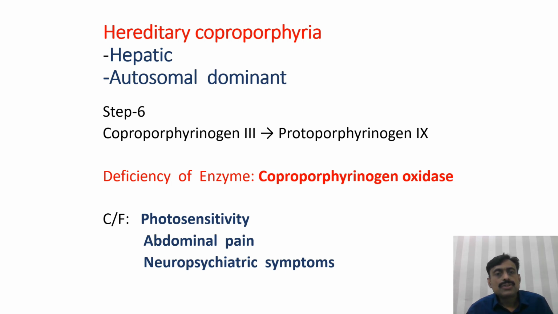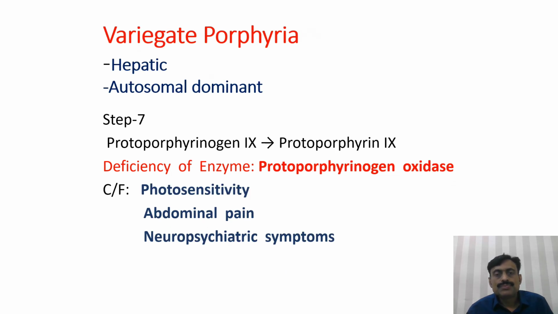Coproporphyrinogen 3 is converted into protoporphyrinogen 9, and the enzyme required for this reaction is coproporphyrinogen oxidase. If this enzyme is deficient, that leads to hereditary coproporphyria. The clinical features are photosensitivity, abdominal pain, and neuropsychiatric symptoms.